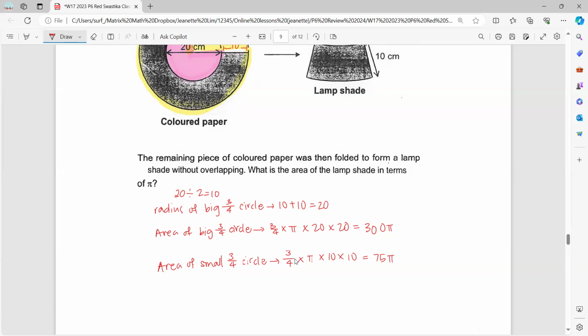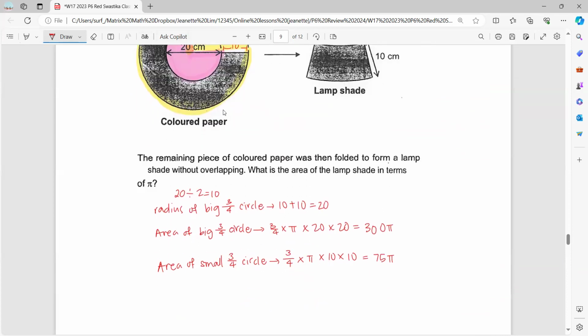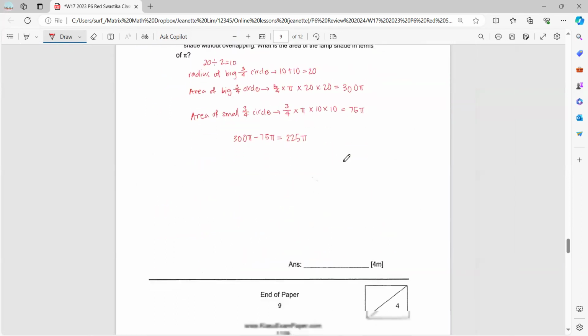Okay, so last step, how do you find the area of the shaded part? The big 3/4 circle, the yellow one, minus the pink one. So 300 pi minus 75 pi. This will give us 225 pi. Remember to write your units, 225 pi.